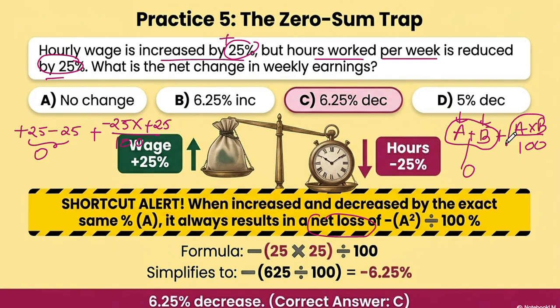Only the multiplication upon 100 will remain, and both quantities are the same, so we'll get minus of a square divided by 100. Minus sign because one quantity is positive, one is negative. So here minus 25 into plus 25 upon 100. 25 fours are 100, so 25 upon 4, we'll get minus 6.25%.